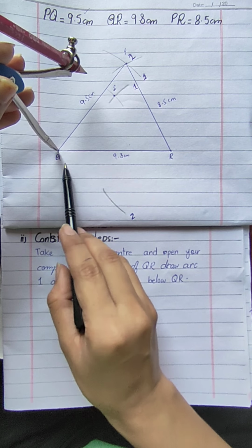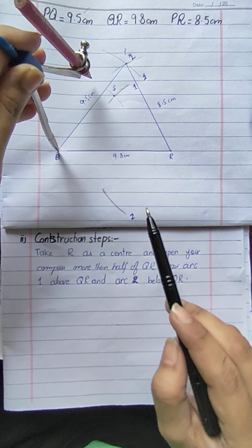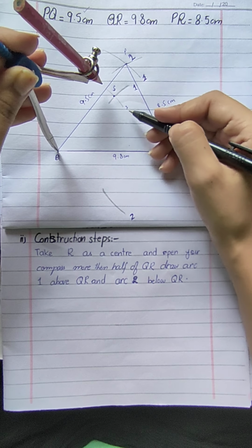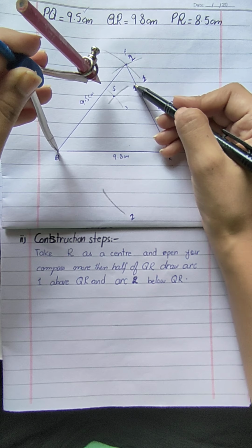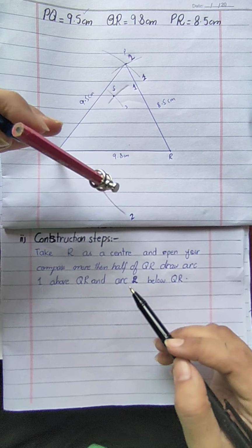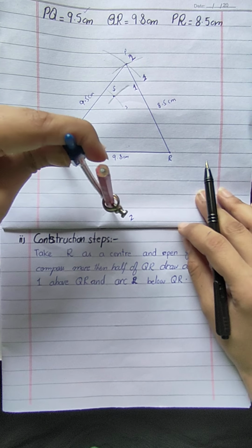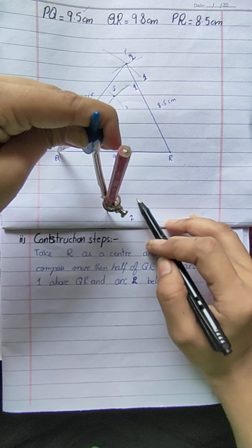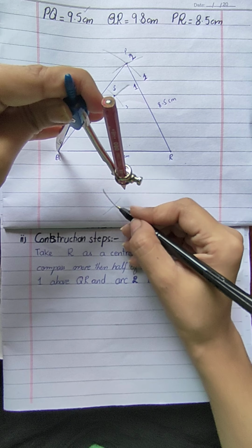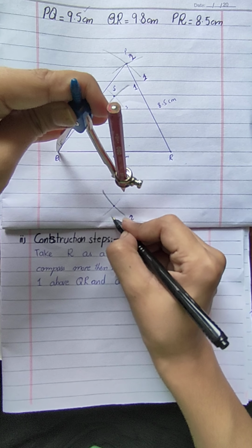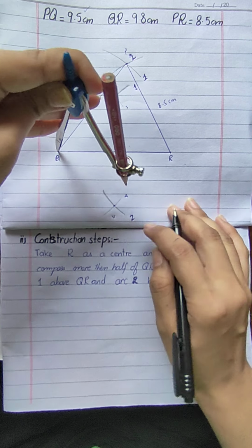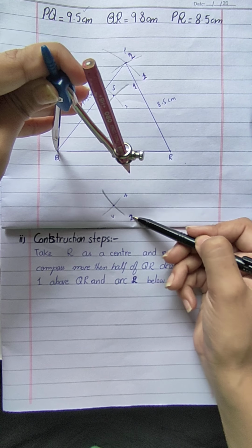Putting your compass on Q, draw an arc which is arc 3 and which cuts the first one at point S. The same we will draw one more arc below QR and it cuts arc 2 at point V. This is the fourth arc. Arc 4 cuts arc 2 at point V.